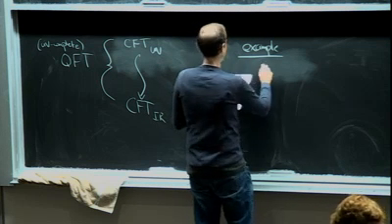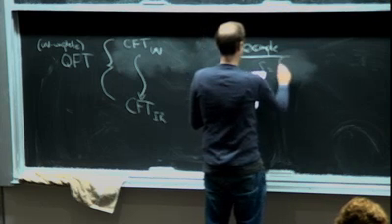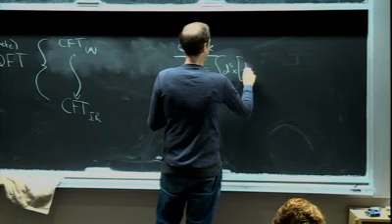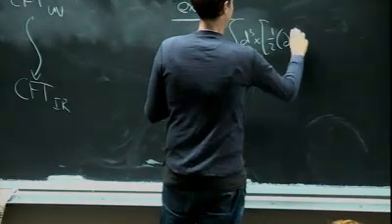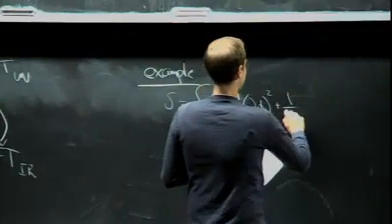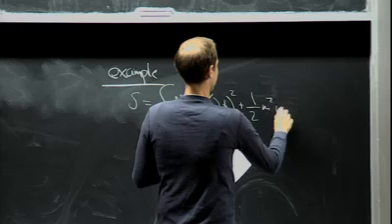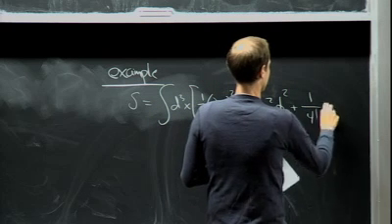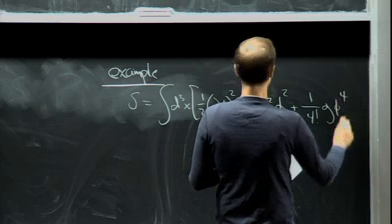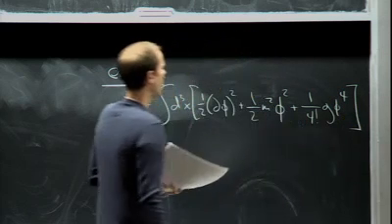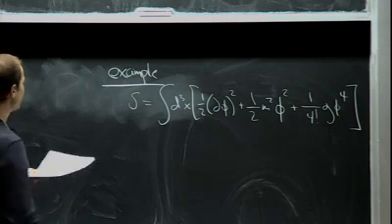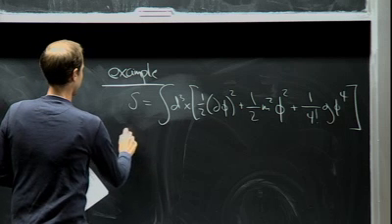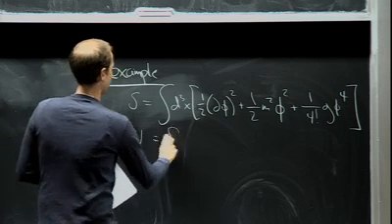A good example to keep in mind is phi-4 theory in 3 dimensions. So this is an action with a mass term and a phi-4 interaction. This is a quantum field theory that is the free boson in the UV.